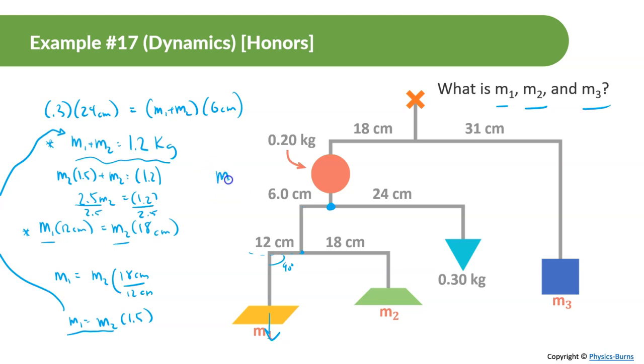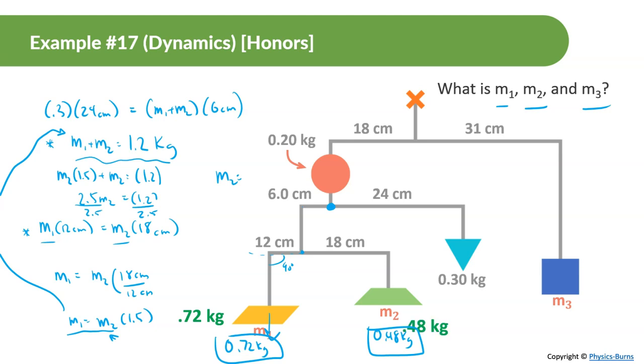And then I get M2 is equal to 1.2 divided by 2.5, and I get 0.48 kilograms. Okay? And now I can plug that in over here. If that's 0.48 kilograms, I can do times 1.5, and that would be M1 is equal to 0.72 kilograms.